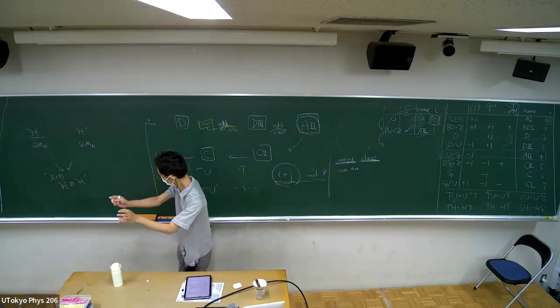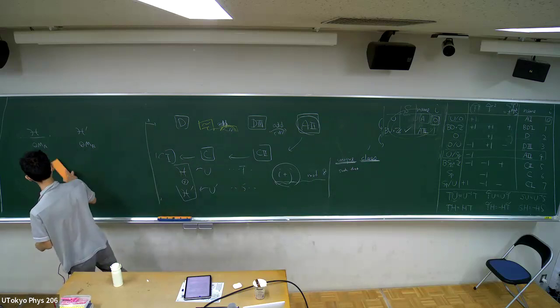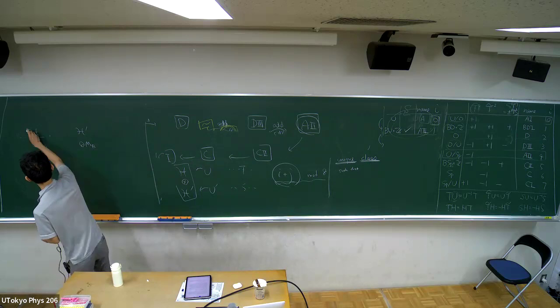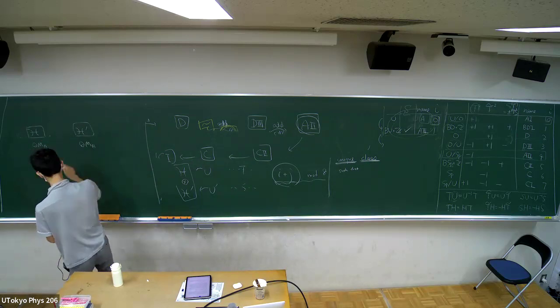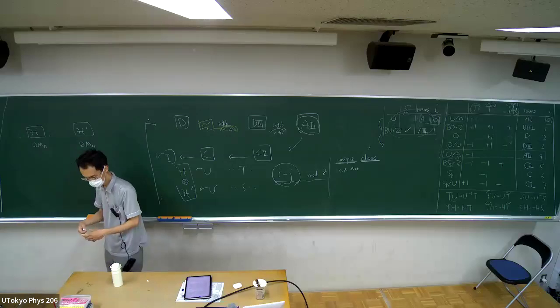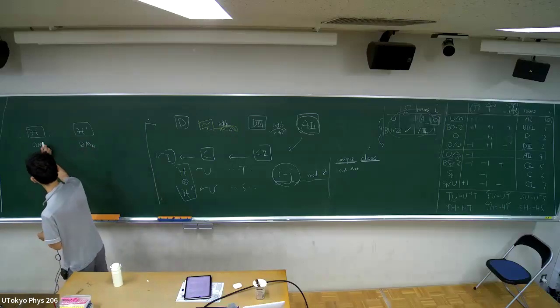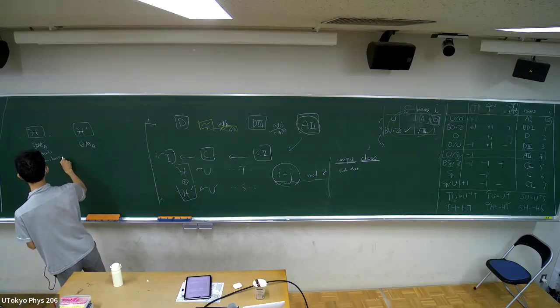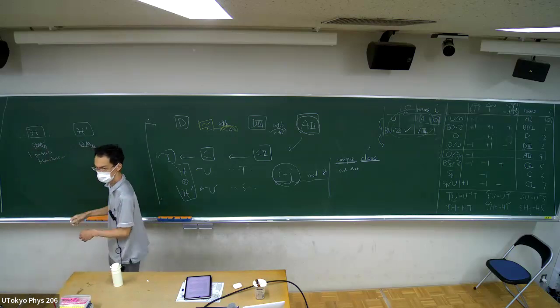However, Takasano-san asked me about a different operation in the application to the classification of free fermions or topological superconductors, etc. These are one particle Hamiltonians, which are supposed to be made into Fock spaces.